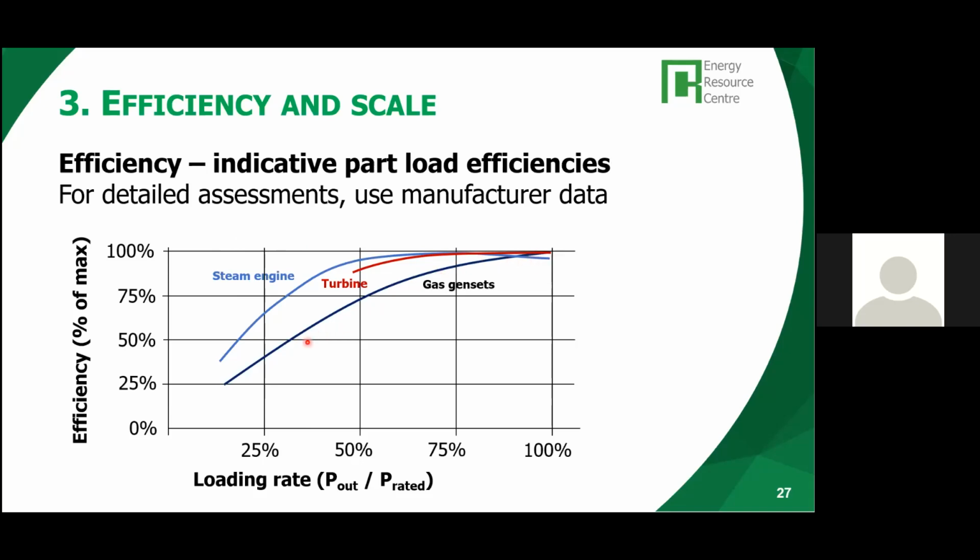But if you run it at only 25% of its capacity, which for a 500 kilowatt system would be 125 kilowatts, then the efficiency would be only, let's say, 35 to 40% of this maximum efficiency. That would mean it would be running at 12, 13, 14% overall efficiency.